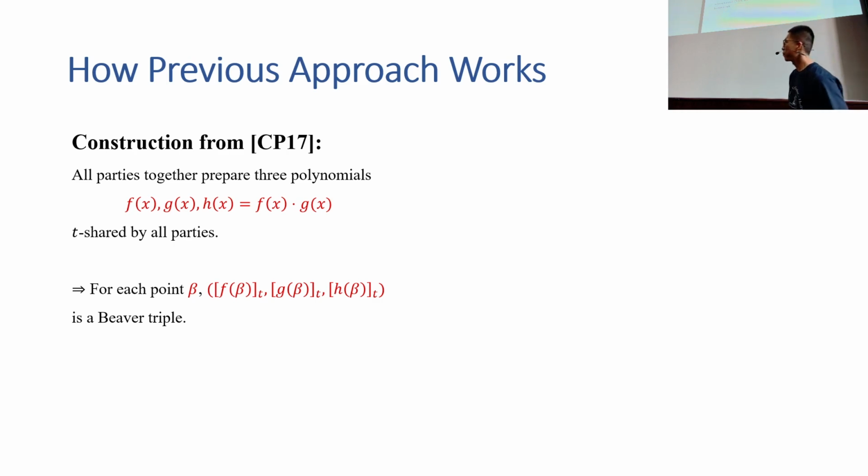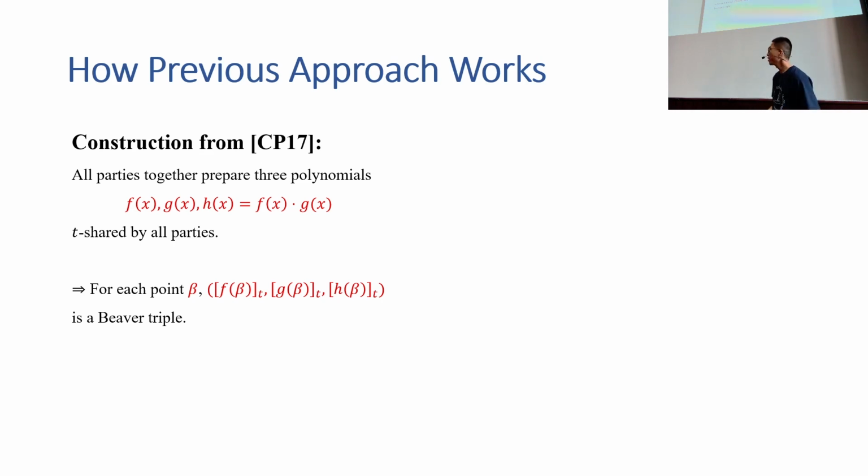So the idea is that all the parties will first prepare 3 polynomials which are shared by all the parties. And in particular, the polynomial h should satisfy that h is equal to f times g. And now if you take any evaluation point, say the point beta, then f(beta), g(beta), and h(beta) is just a Beaver triple.